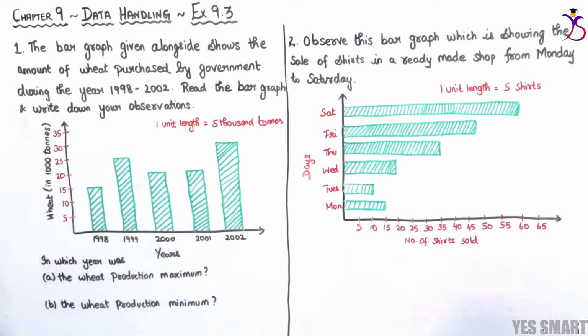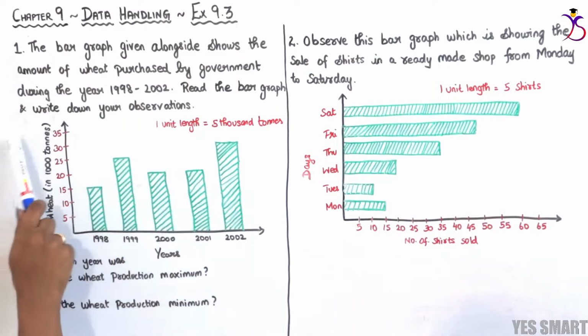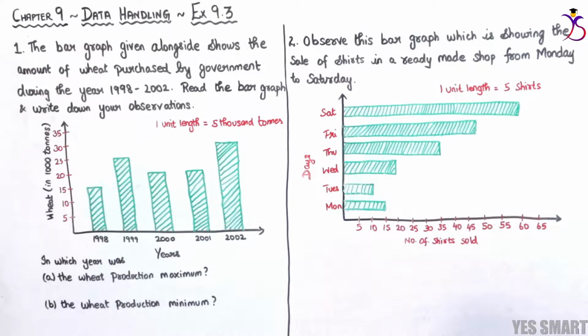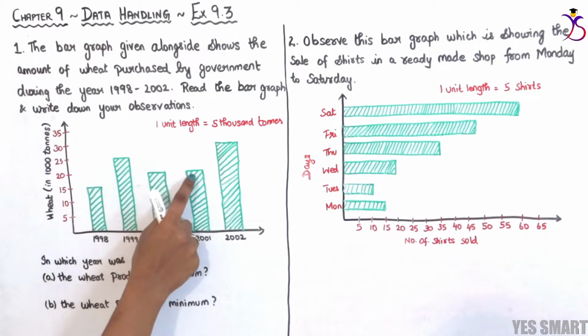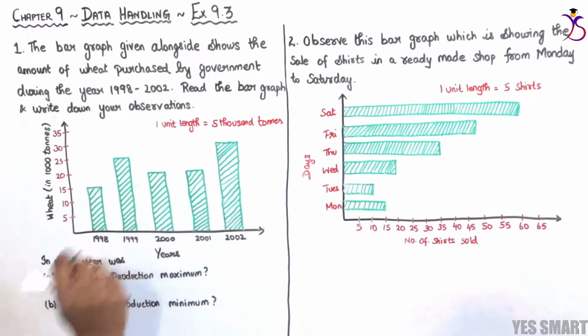So they have asked us to observe the bar graph and answer a few questions. First one: in which year was the wheat production maximum? So they are asking in which year the production of wheat is highest. On observing the bar graph, this particular year has the highest tower, the green color.